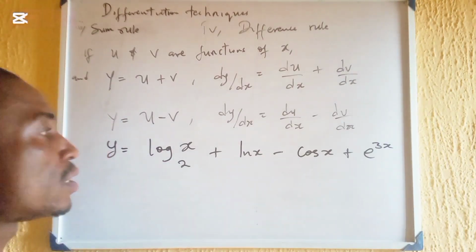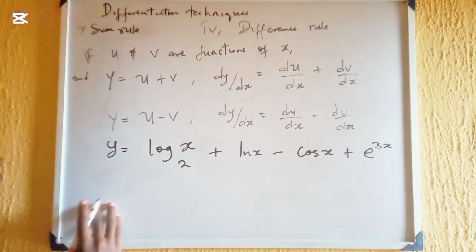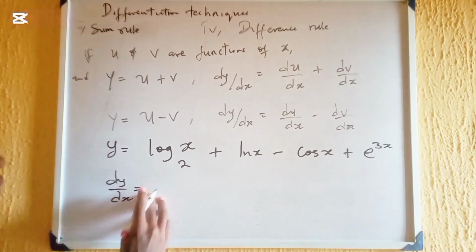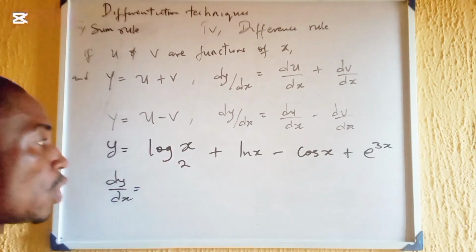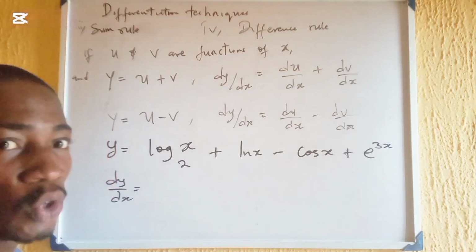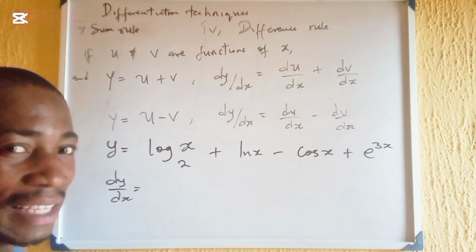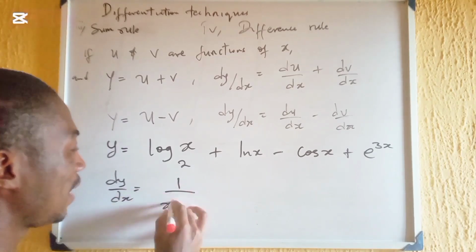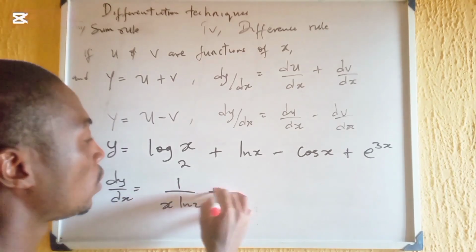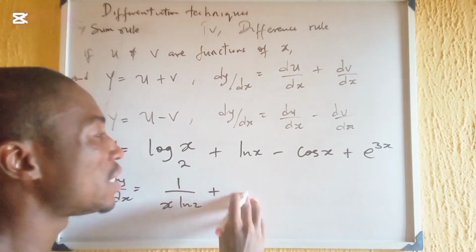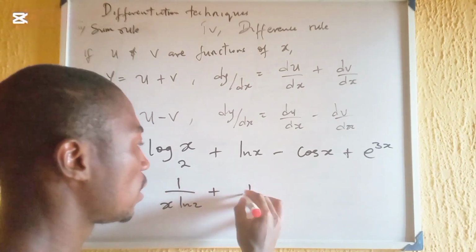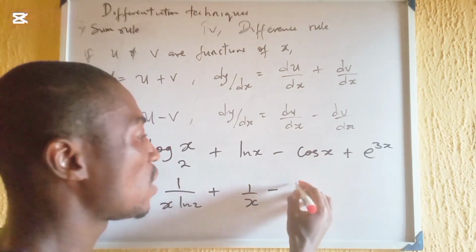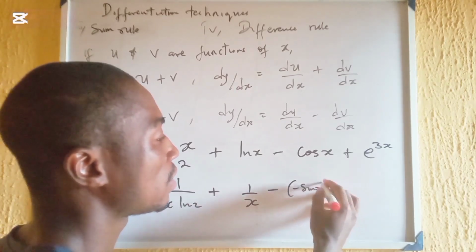So when differentiating individually, we can get dy/dx. So let's go. dy/dx is equal to, when you differentiate log x base a, you have 1 over x ln a. So in that case, you are having 1 over x ln 2. Then plus this one, when you differentiate ln x, you have 1 over x. Then minus, when you differentiate cos x, you have minus sin x.